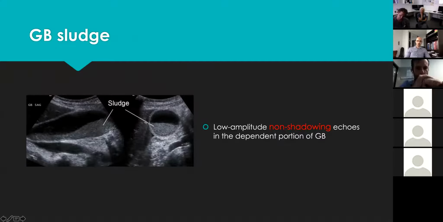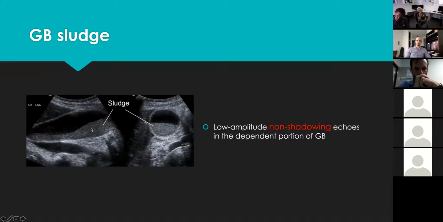The other thing is sludge. A lot of people with cholecystitis actually don't have any stone. They might actually just have sludge. You can see it as a hyperechoic area. Usually it doesn't cast any shadow. Sometimes if it is dense enough, it can cast a shadow.